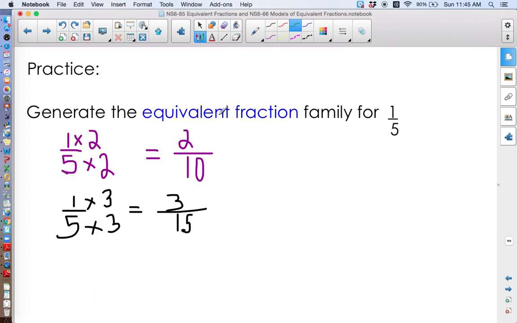We could have done 1/5 times 4. Whatever I do to the bottom, I do to the top. Four twentieths, and so on and so forth.